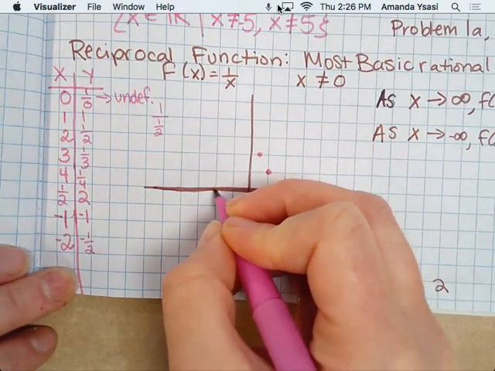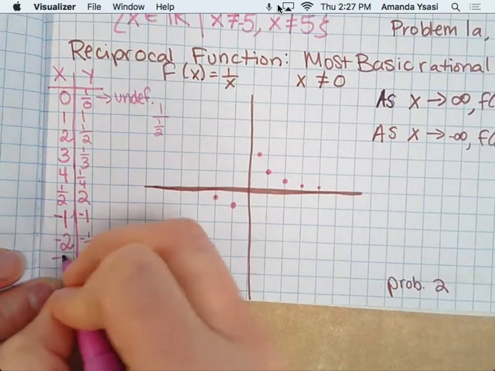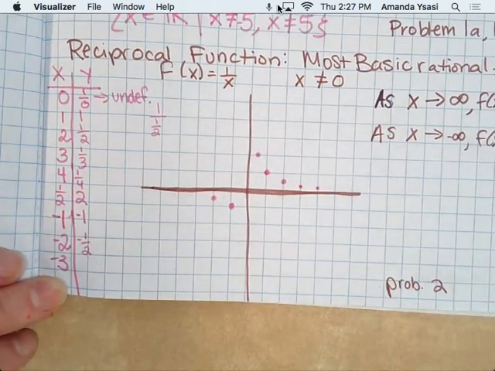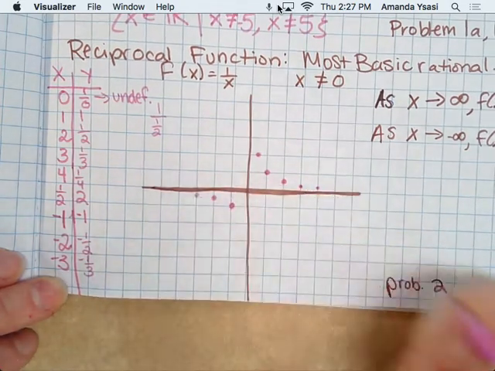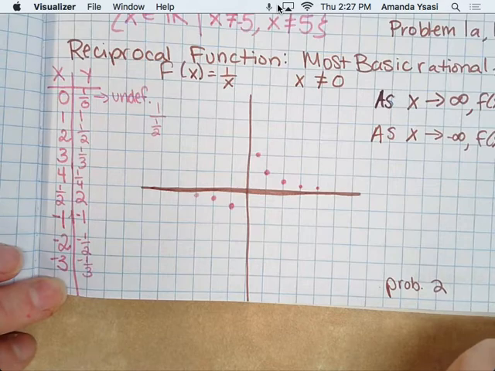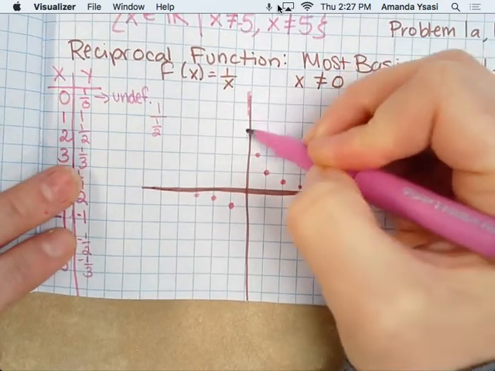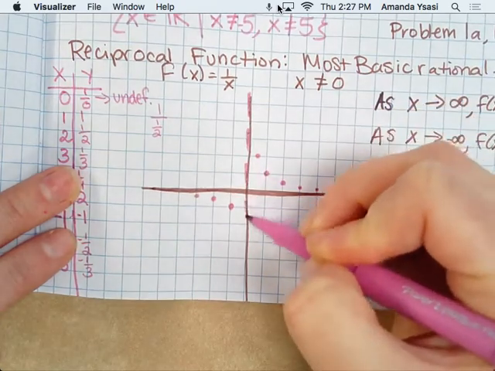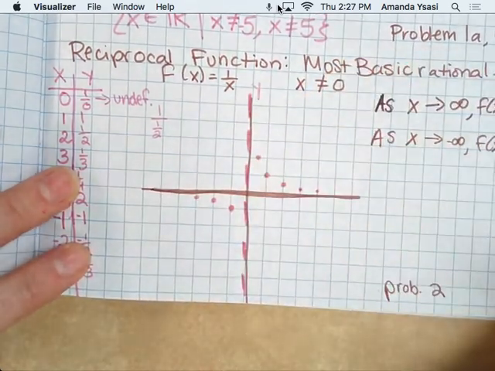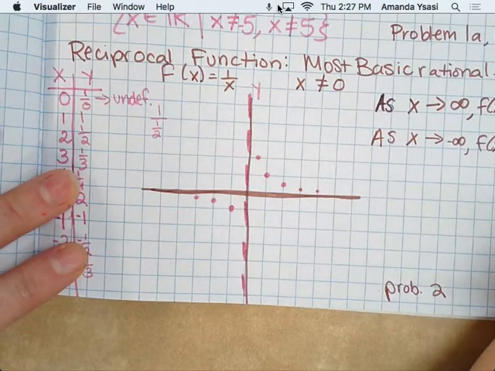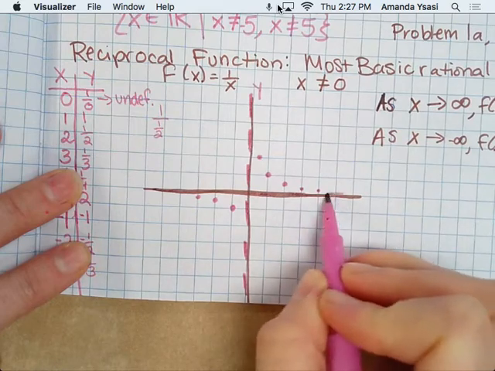So -2. And then -3, 1 over 1/3. So it looks like it's following the same path. So it's never going to touch this. So this is an asymptote. This is our y-axis. And it's never going to touch our x-axis either. Hard to see that.